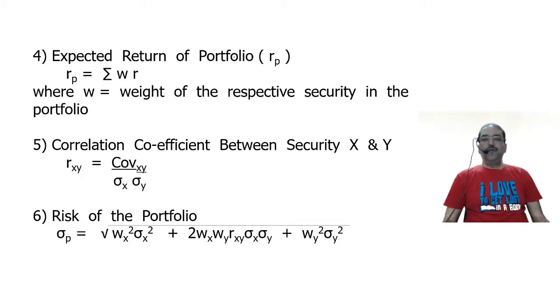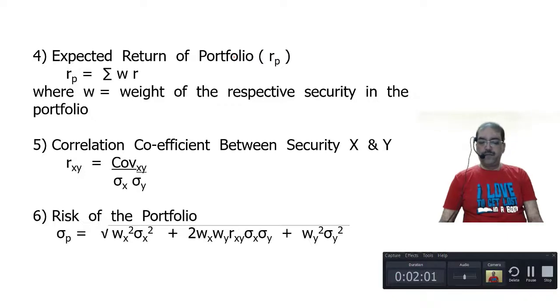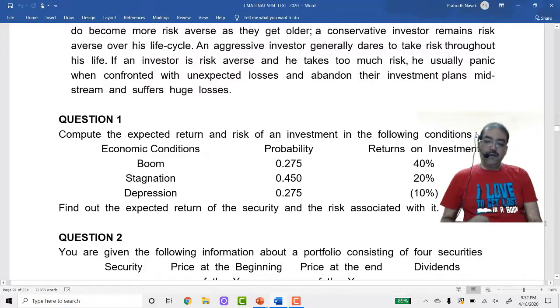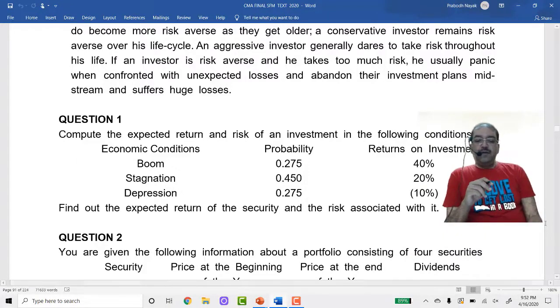Let us now come to question number 1 from your textbook. Please refer to question 1 of your textbook. Compute the expected return and risk of an investment in the following conditions.